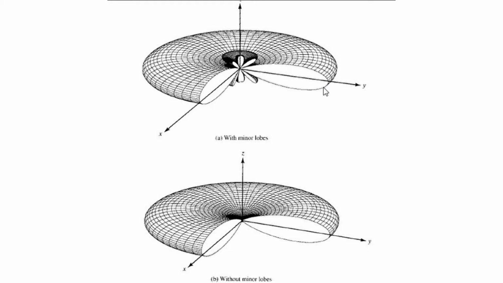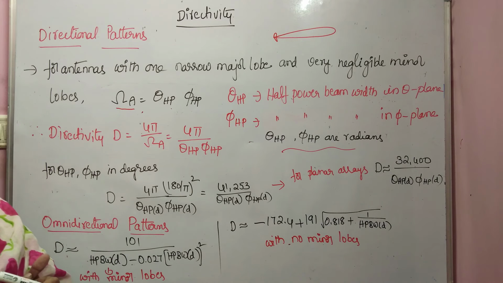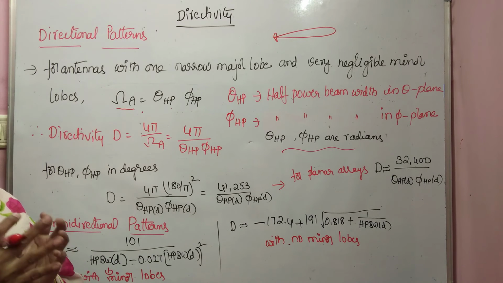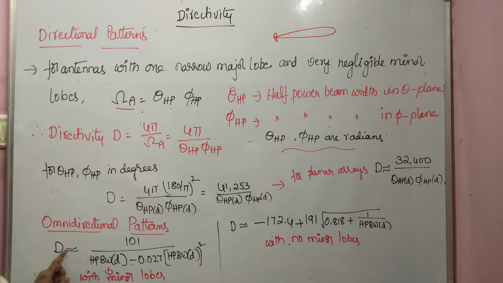This lobe is a directional pattern, this is a directional pattern. So this is an isotropic pattern, meaning non-directional, and this is directional. This is the omnidirectional pattern with minor lobes. See, all these are minor lobes, and this is the omnidirectional pattern without minor lobes. Suppose the omnidirectional pattern consists of some small minor lobes, then the directivity is approximated like this.